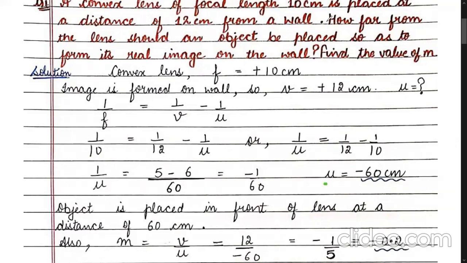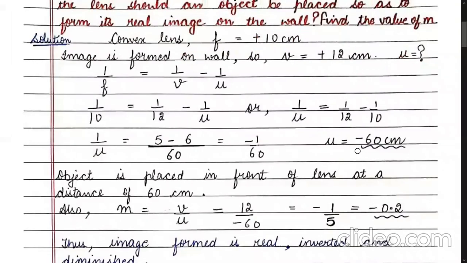It means that u is equal to minus 60 centimeter. Since focal length and v were given in centimeter, the value of u will be written in centimeter.